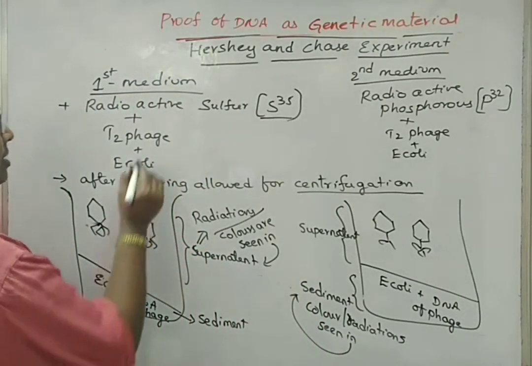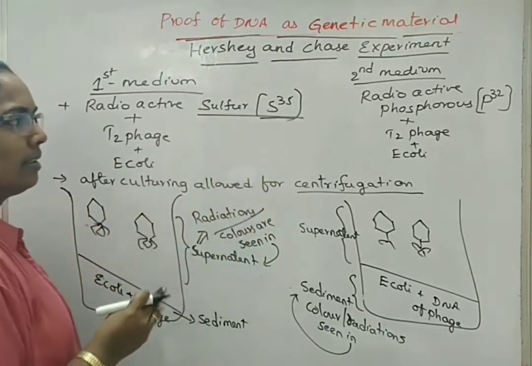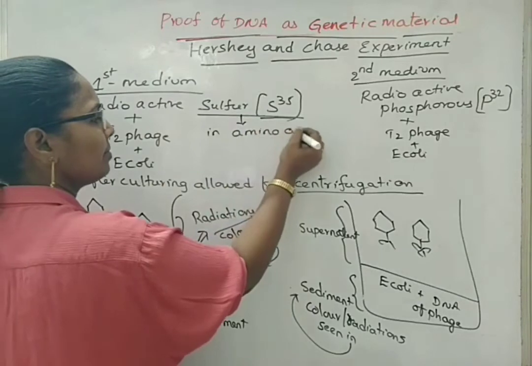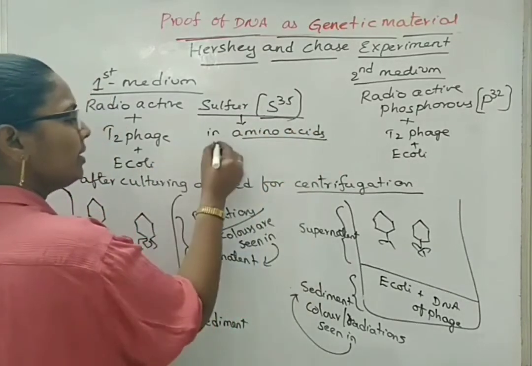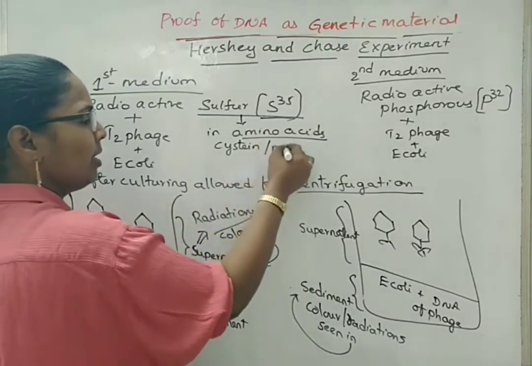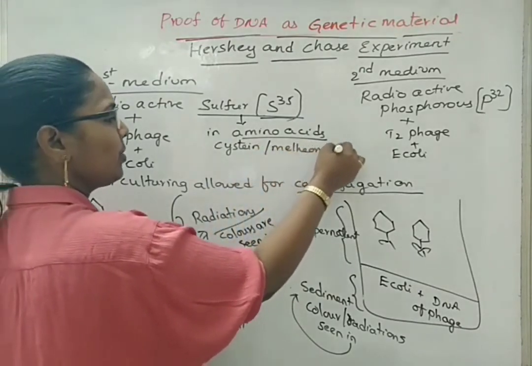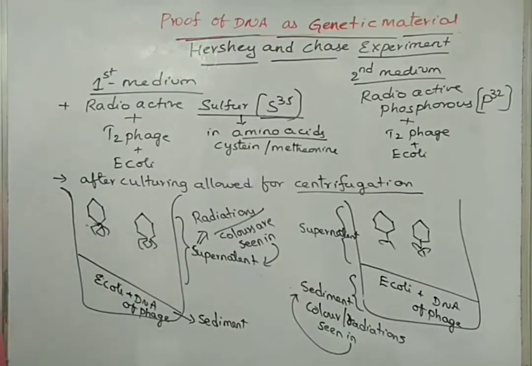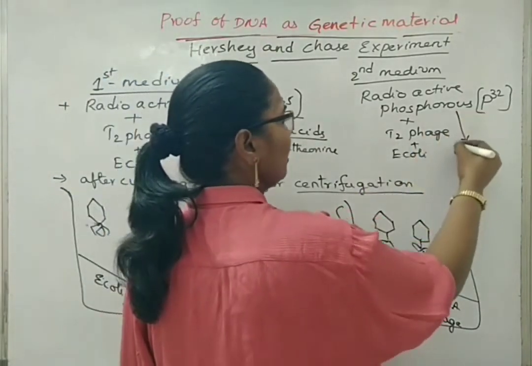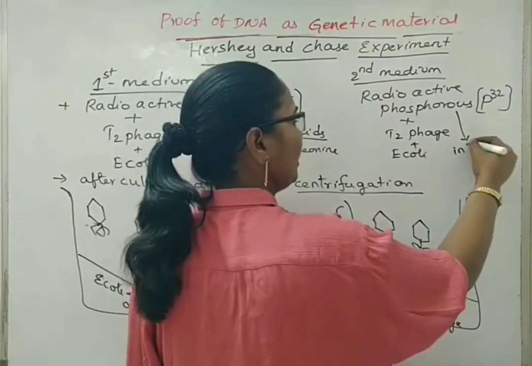Why? Because sulfur is the element that is present in amino acids. What are sulfur containing amino acids? First priority is cysteine, and also methionine. These two types of amino acids have sulfur as one of the elements in them. Phosphorus is seen in DNA.